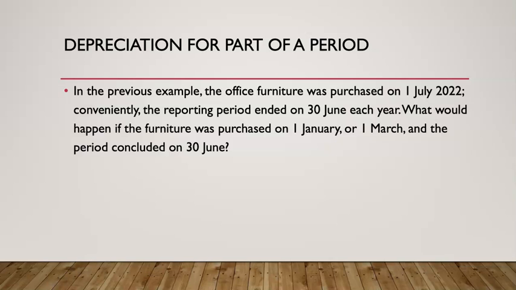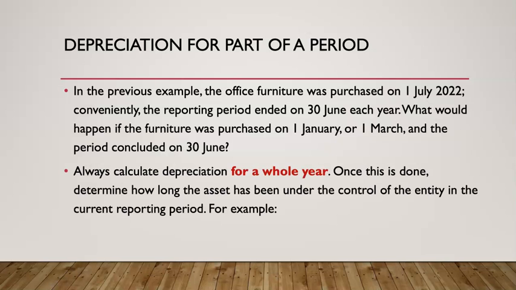So we could really conveniently work out depreciation on a yearly basis. But what would happen if the furniture was purchased on the 1st of March, and the period still concluded on the 30th of June? Clearly, we can't say the asset has gone down in value by a full year's worth of value when we bought it only within the year.